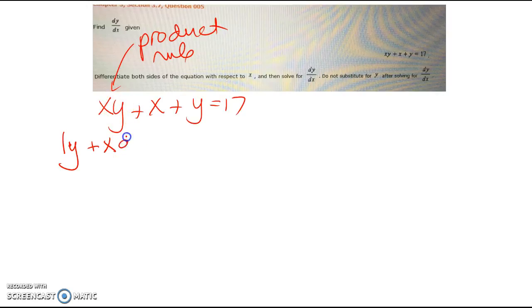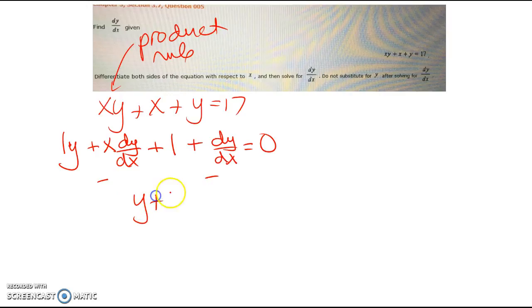That will be 1 times dy dx, won't it? Plus the derivative of x is 1, the derivative of y is dy dx, equals 0. I will subtract this over and I will subtract that over. So we have y plus 1 equals negative x dy dx minus dy dx.